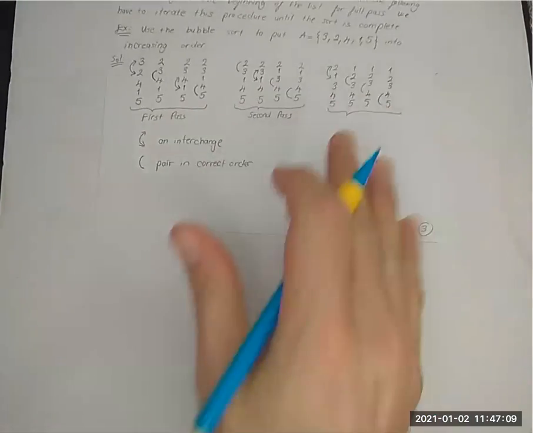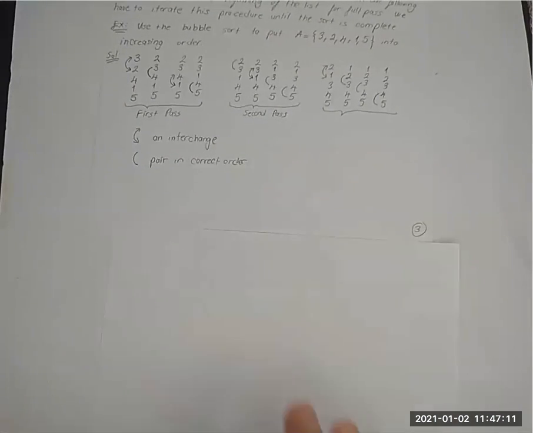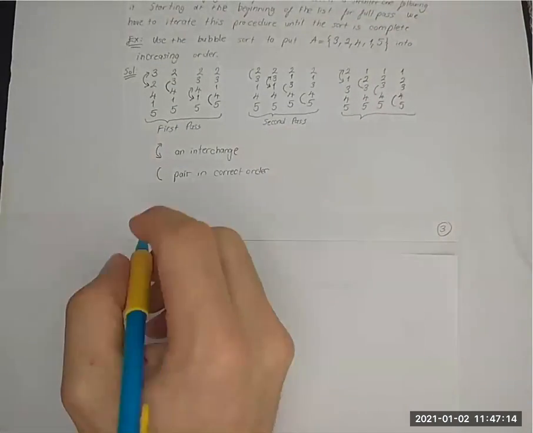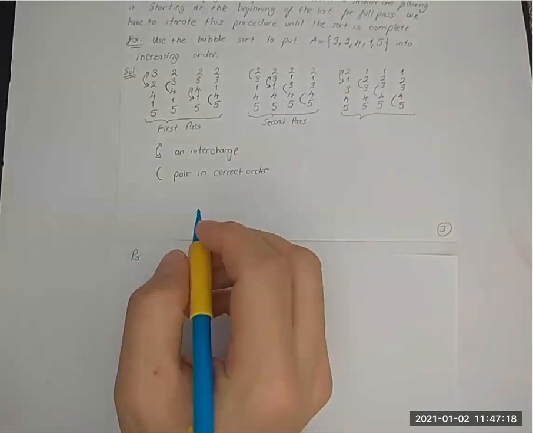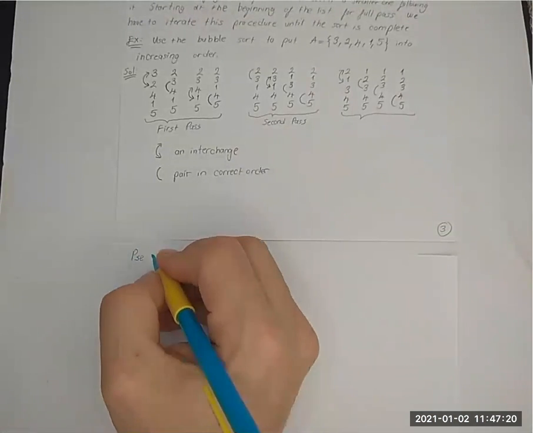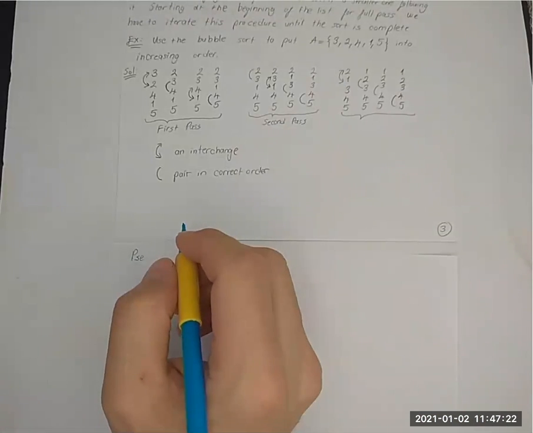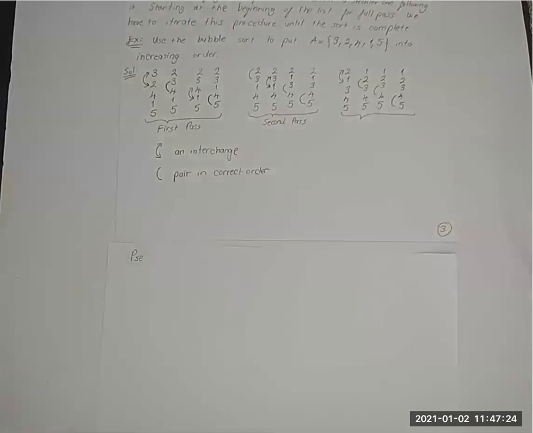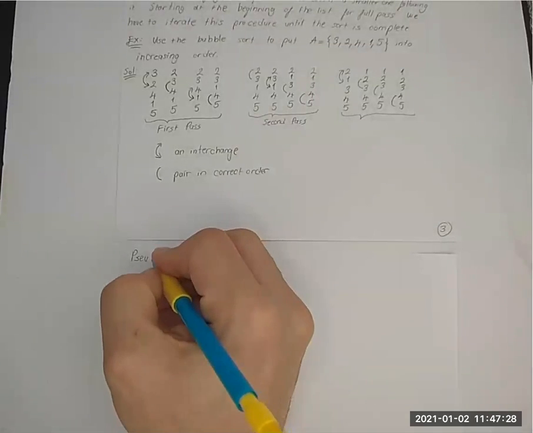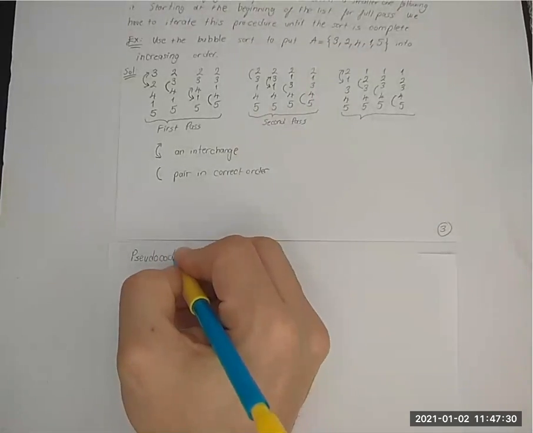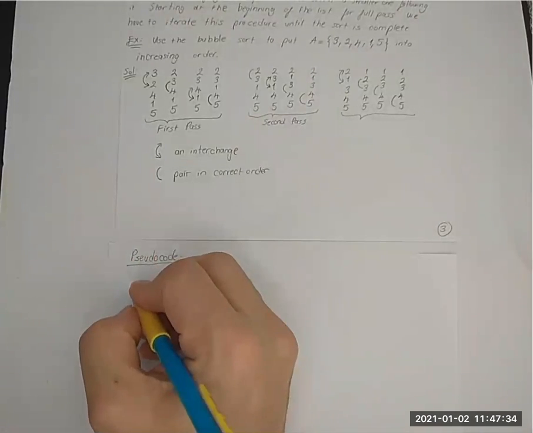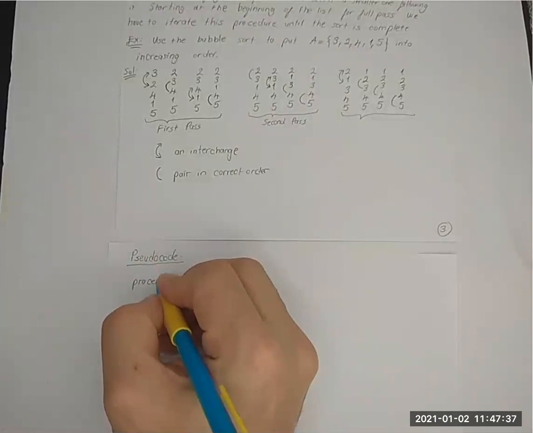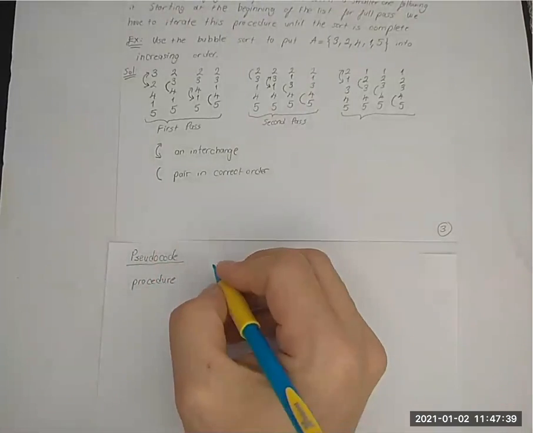Okay, page 3 and pseudocode of that example. Okay, again, procedure, bubble sort.